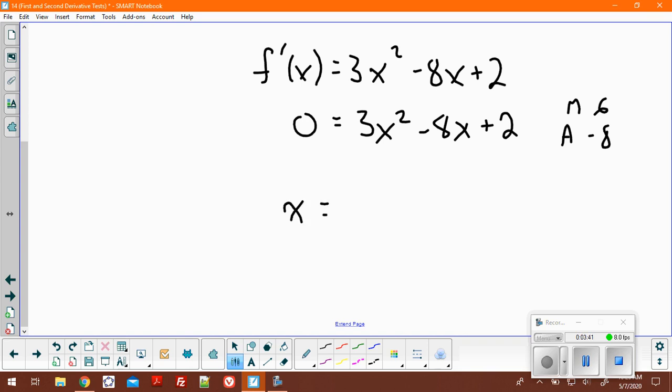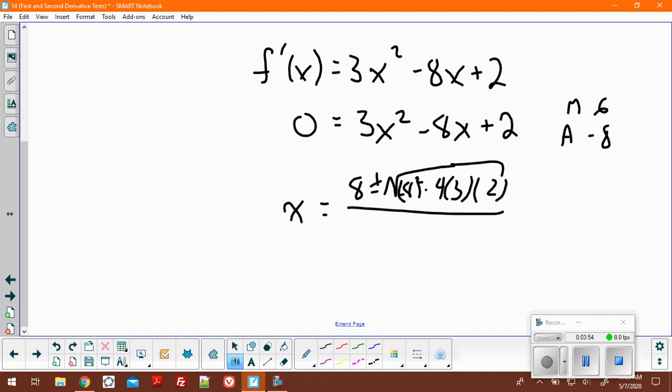So x equals 8 plus or minus the square root of negative 8 squared minus 4 times 3 times 2, all over 2 times 3. So I've got 8 plus or minus, let's see, 64 minus 24, over 6.